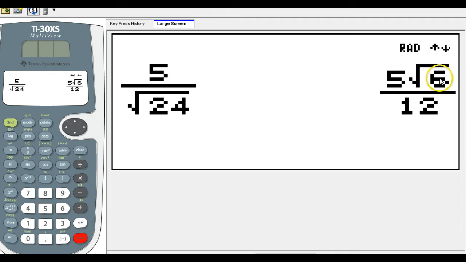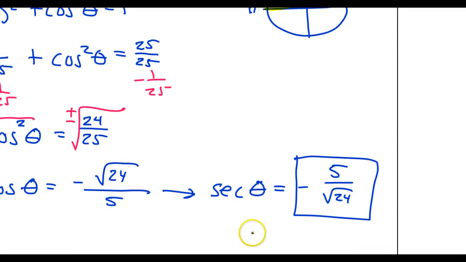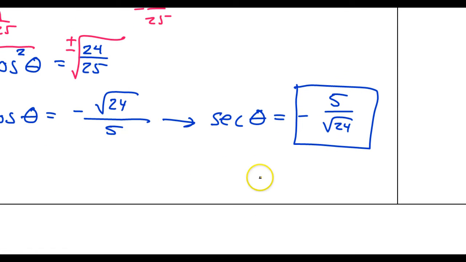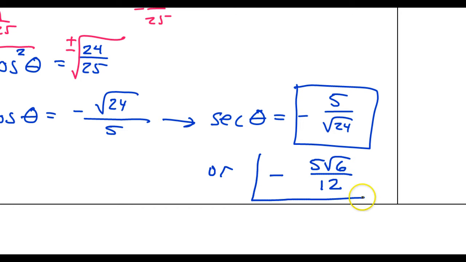Okay, so 5 radical 6 over 12 would be another form. Alright, so that's it for that.